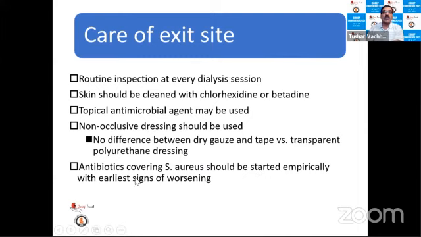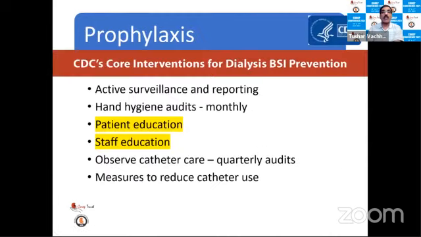Empirical antibiotics should be used early enough when the patient gets early signs of infection, such as fever and chills. Before using antibiotics, again, a blood culture is absolutely essential. The CDC, Centers for Disease Control, has provided basic recommendations for prevention of bloodstream infections in dialysis.